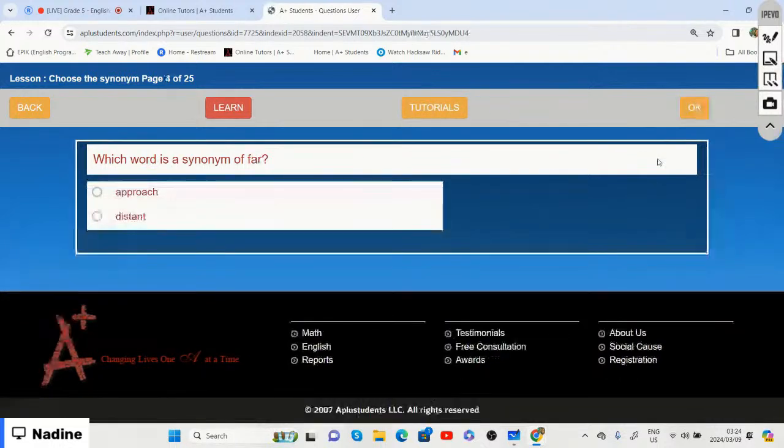All right, we need to find the synonym of the word far. Is it approach or distant?